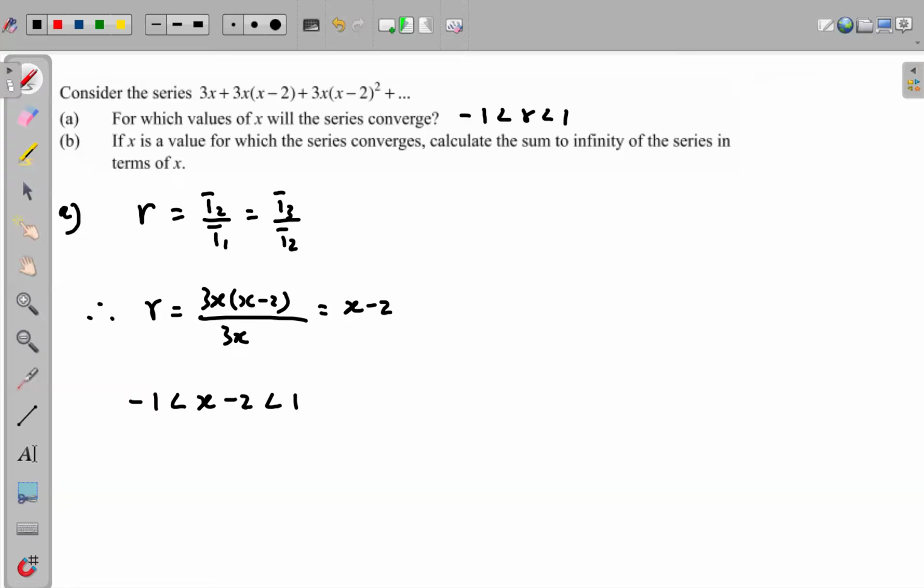I'm pausing just here to show you that it is important to remember the concepts you learned in your earlier grades. So I'm going to add 2 to both sides. When I do that, I get x is between 1 and 3. So any value of x that is between 1 and 3 will have this series converge.